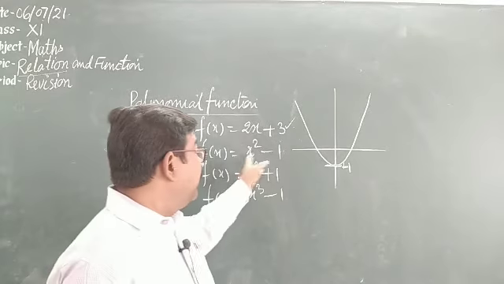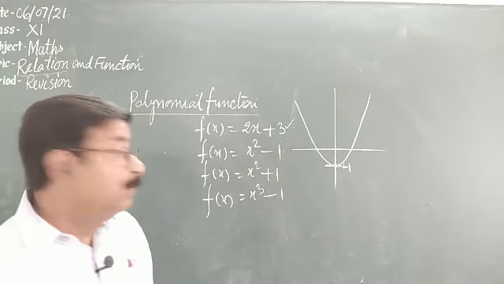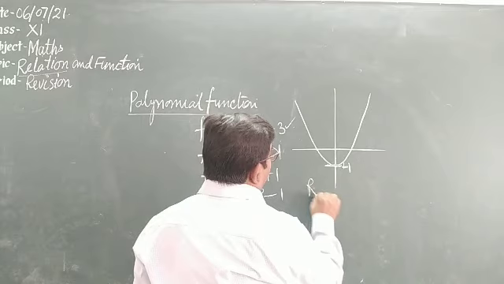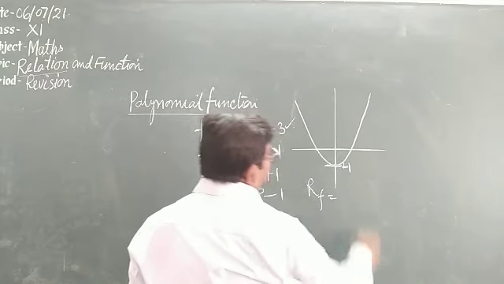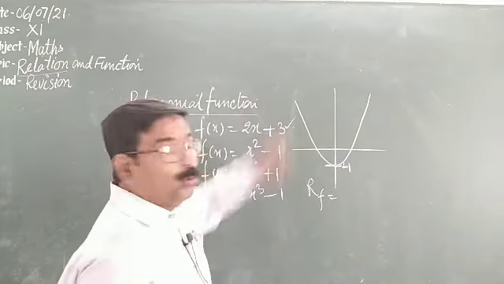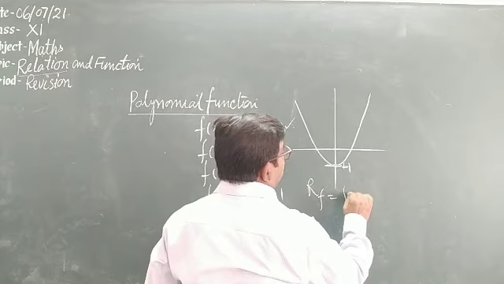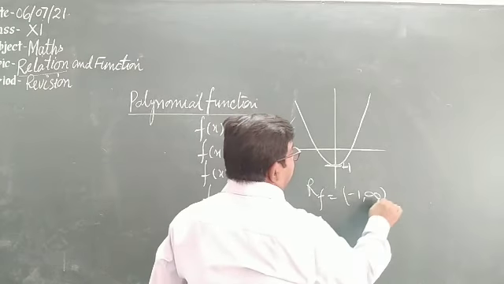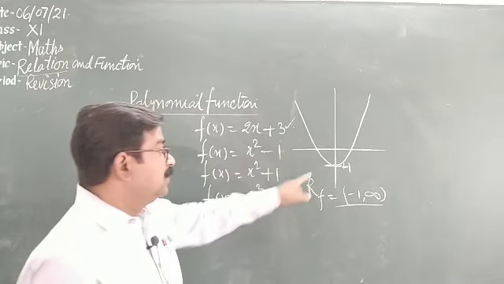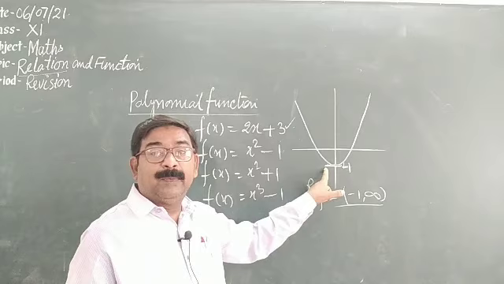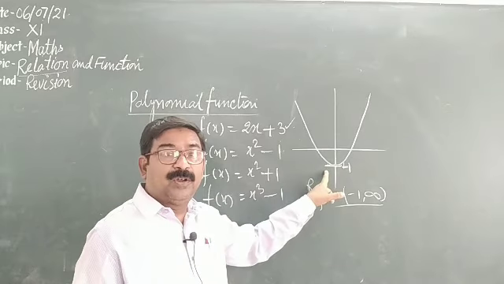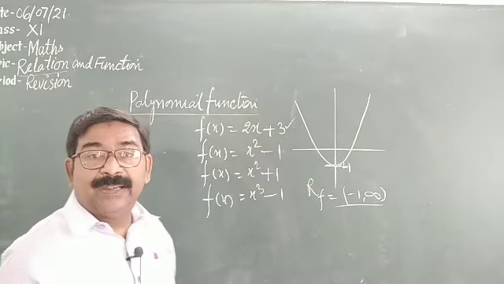So the domain is all real, but what is the range of the function? It is [−1, ∞). Why? Because the minimum value is −1 and it goes to infinity.